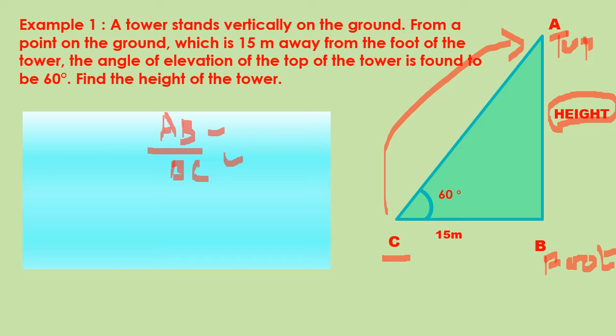Yes, now for 60 degrees, the opposite of 60 degrees is AB and the adjacent of 60 degrees is CB.